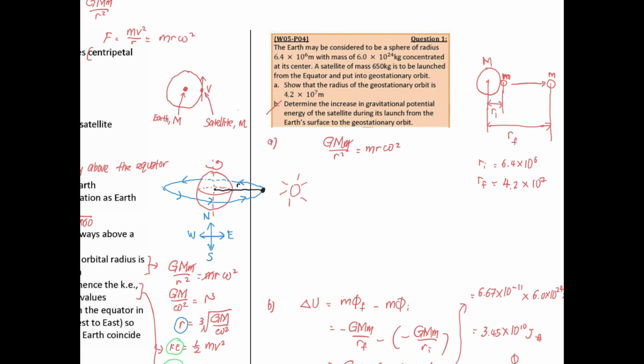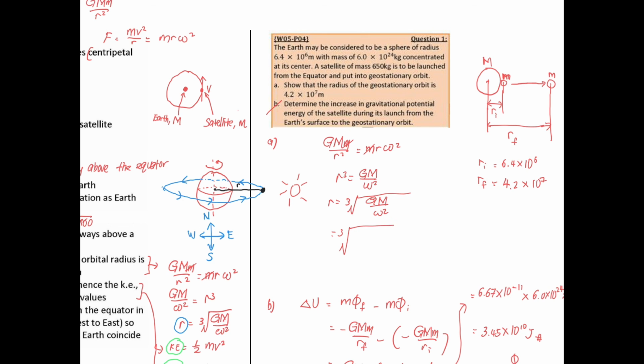Then you cut the small letter m. Then you find R cubed equal to GM over omega squared, so R equals the cube root of GM over omega squared. Okay, now we substitute value.